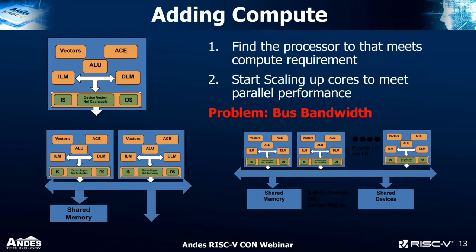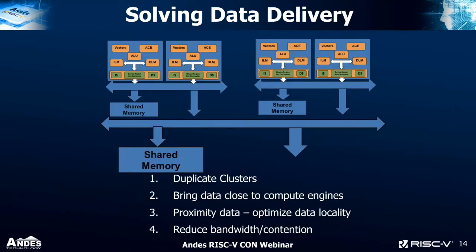So the other alternative to solve this data delivery problem is to bring the memories closer to the processor. There's a proximity of data. Some tasks are only going to be shared with other similarly configured engines.